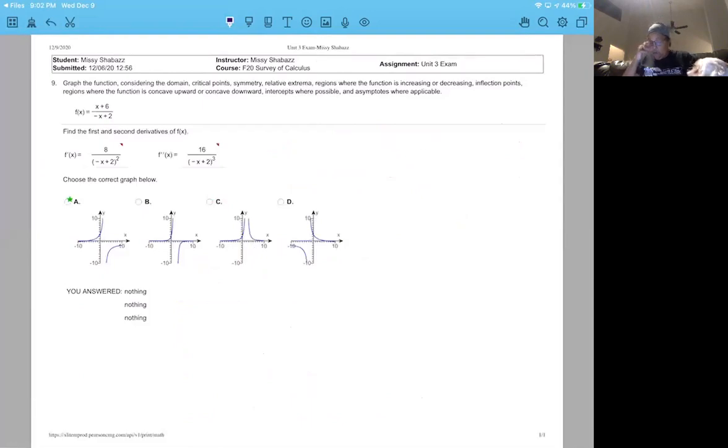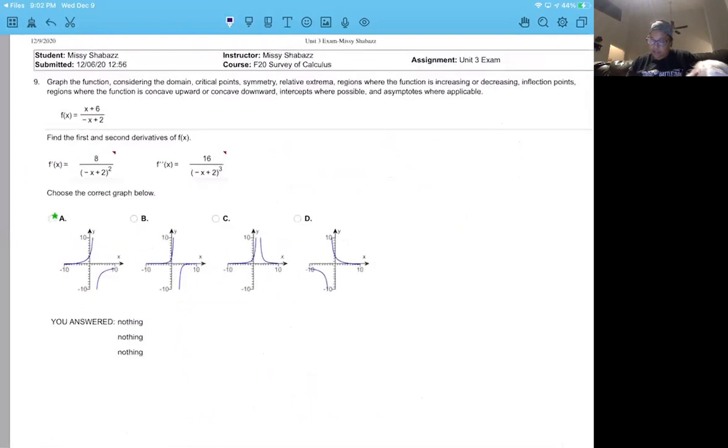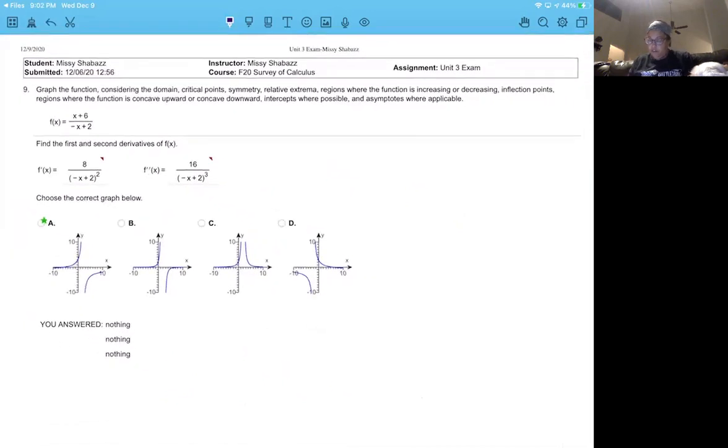All right, next question. It says graph the function considering the domain, the critical point, symmetry, relative extrema, regions where the function is increasing and decreasing, inflection points, and so on. So the first thing I'm going to do is look at the function.